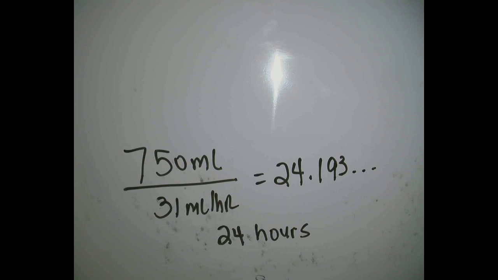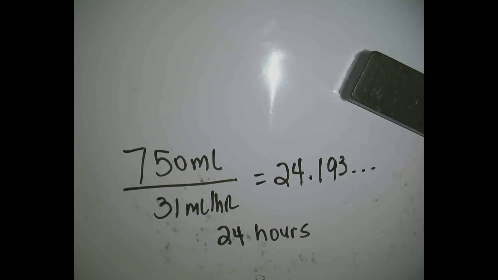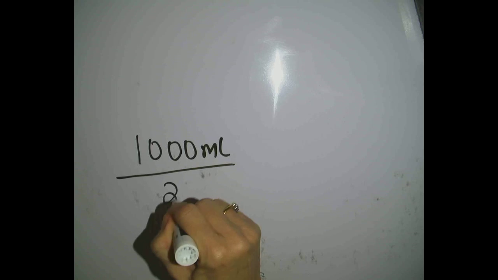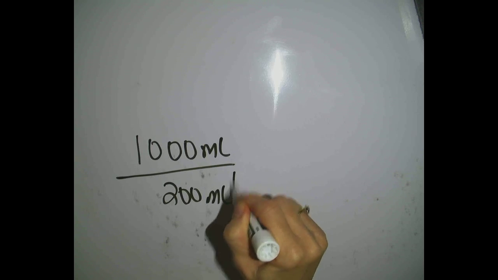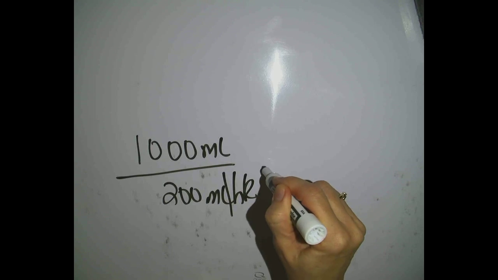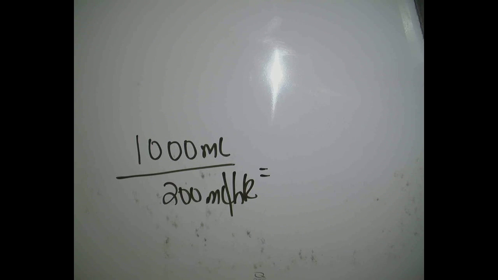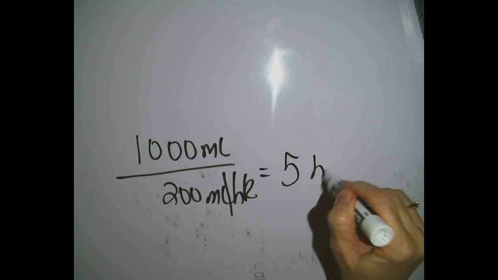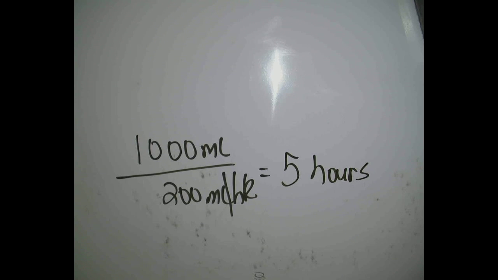Okay, and we have a couple more examples. We're infusing 1,000 milliliters at 200 milliliters per hour. So taking 1,000 divided by 200, and this bag will take us 5 hours to infuse.